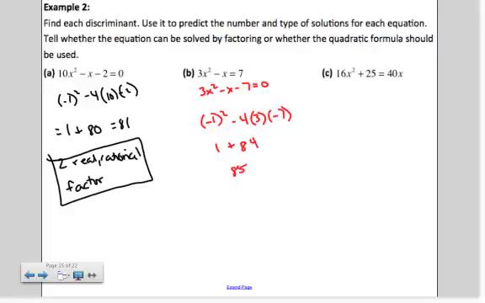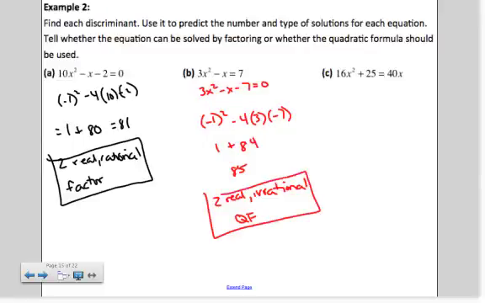So that gives us 85, which is not a perfect square, so this is not going to be factorable, so it's two real irrational solutions, and I'm going to use the quadratic formula.